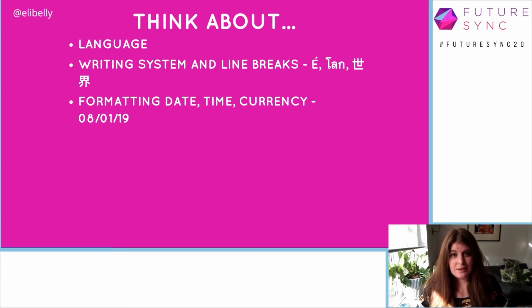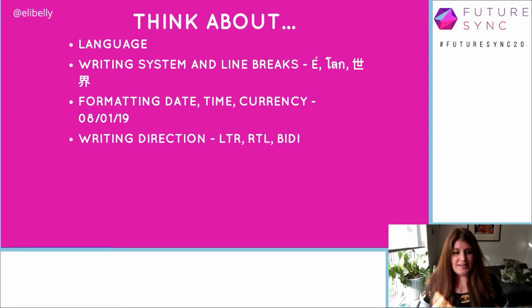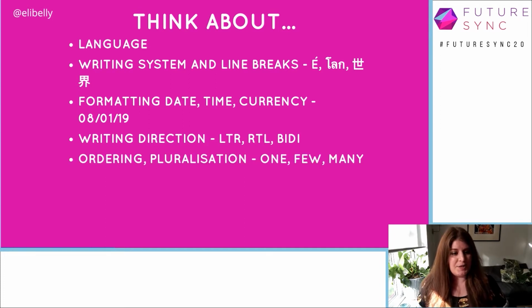If anyone here is American or knows a lot of Americans, you'll know that this date is not what you think it is. Writing direction, not all languages are left to right or right to left, and sometimes you have to write text in both directions, and that's something to think about, especially with like Hebrew, Arabic.